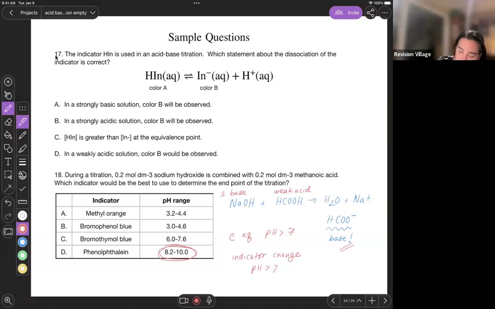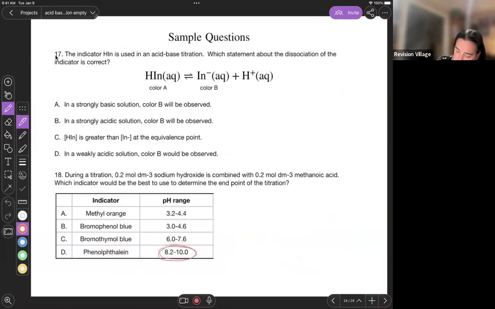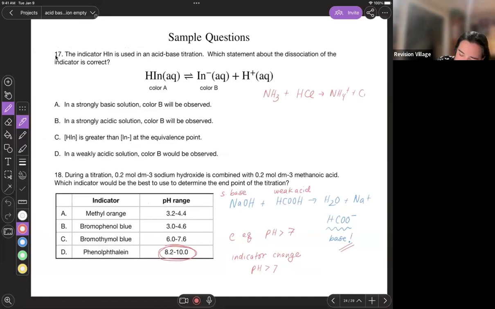If instead we had a solution where we were taking ammonium ions and reacting it with a strong acid. Oh, sorry. There we go. Because I have a weak base and a strong acid, when these two things come together, they're going to make a weakly acidic solution.